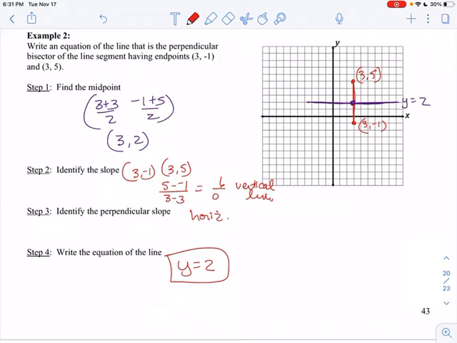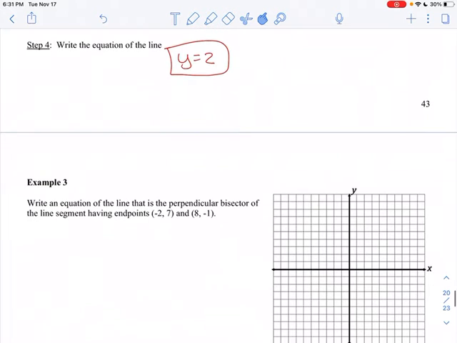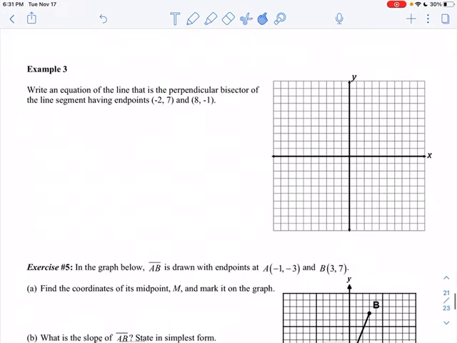All right, so let's try a real problem that we're going to have to do all those steps for. Write an equation of a line that's the perpendicular bisector of the line segment having the endpoints of (-2, 7) and (8, -1). Perfect. So step 1, find the midpoint.